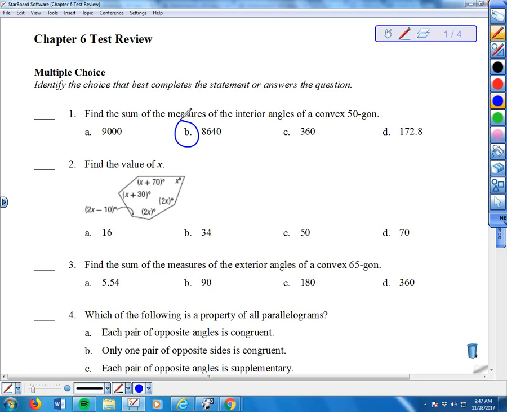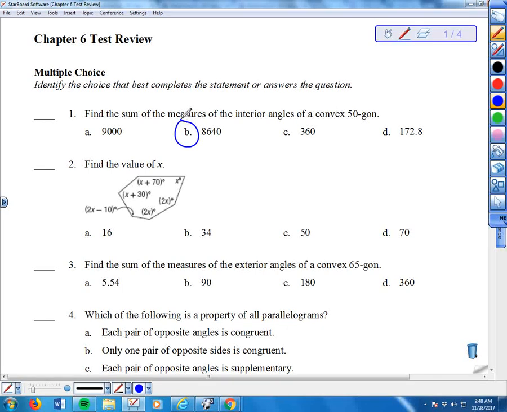Next is find the value of x. Well, x is one of the angles, right? There's a couple ways to do this problem, but I think the easiest way is to figure out what each of these angles is equal to. We have n minus 2: 1, 2, 3, 4, 5, 6 sides.